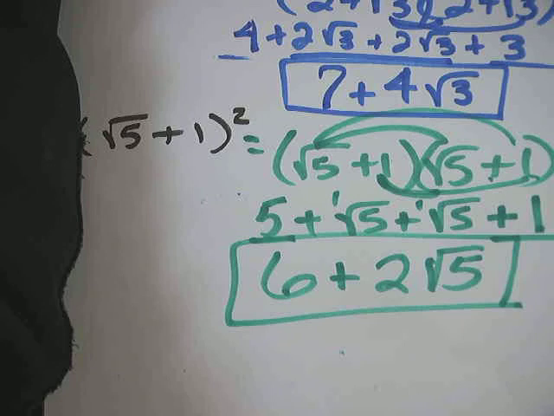Outside, positive 1 times square root of 5. Another positive 1 square root of 5 for the inside. Last times last, 1 times 1 is 1. We're doing the numbers first, right? 1 and 5 is 6. How many square root of 5s? 1 and 1 is 2.